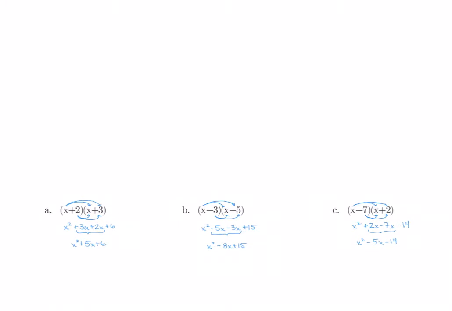Okay, before I bring up our rules, let's see what we got here. One of the first things that we have is notice that our lasts always multiply to the last number in our trinomial.